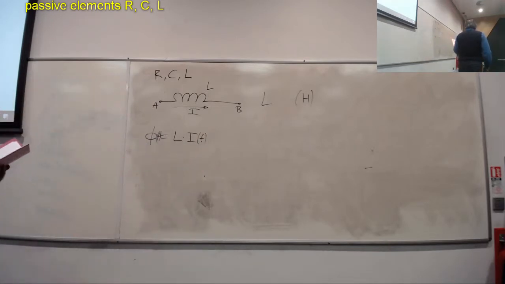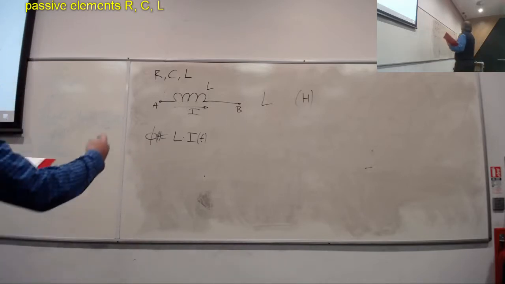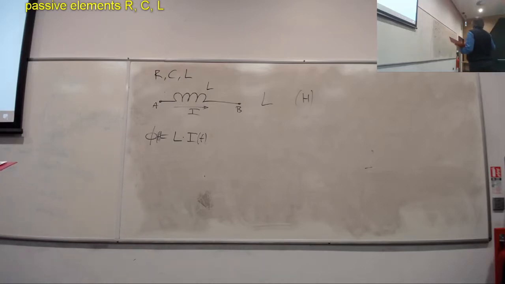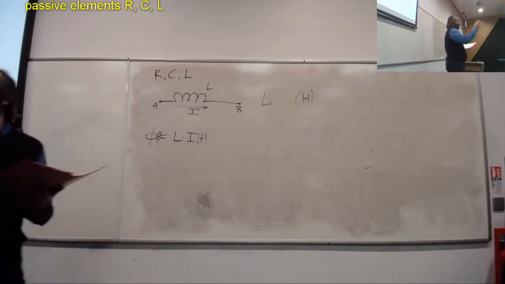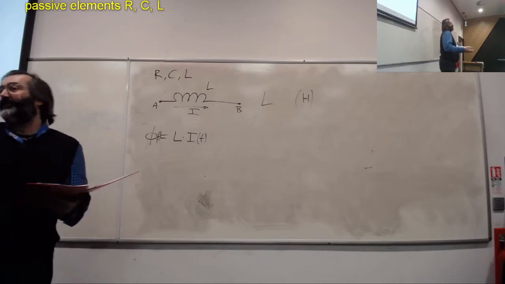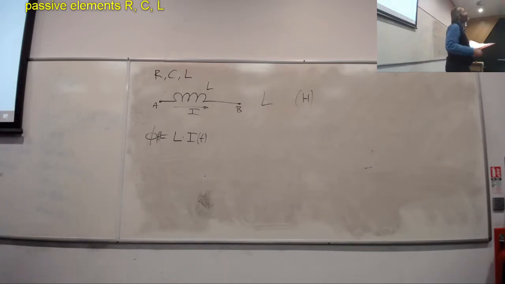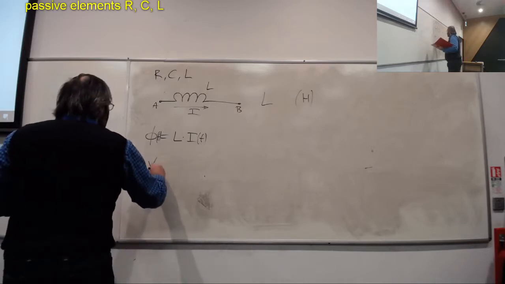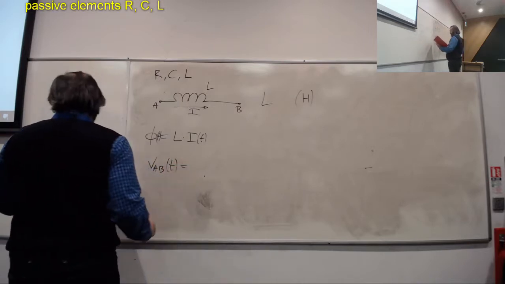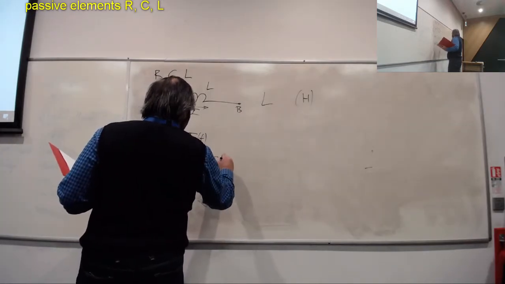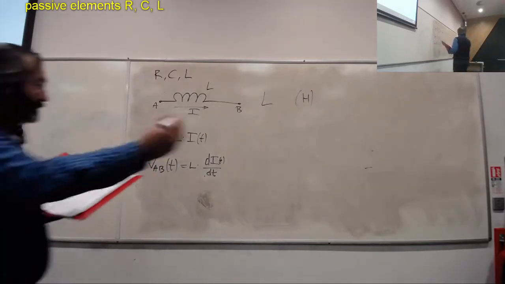And from this fundamental relation, we derive the fundamental equation between V and I for the inductor that uses also one of the fundamental equations of electromagnetism, which is the Faraday-Lenz law. And so once you take also that into account, you end up saying that VAB for the inductor is L di dt, or the integral form.